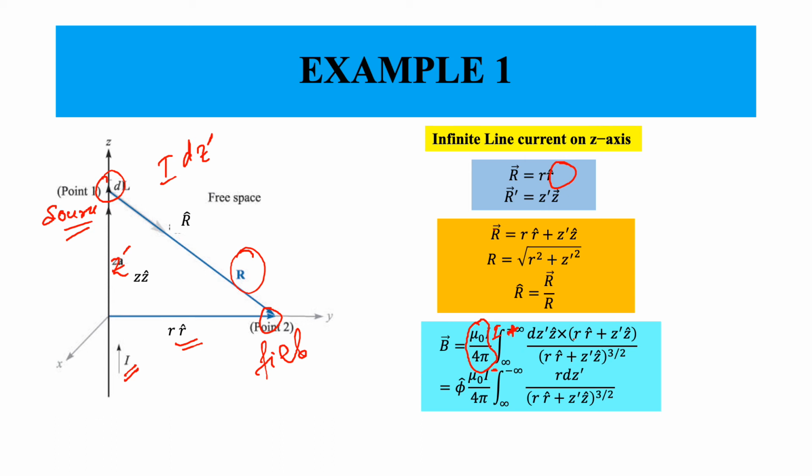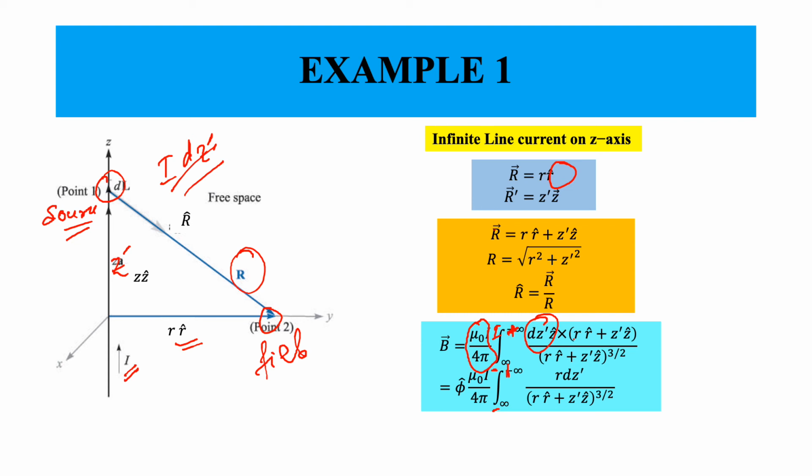I is also constant, so I am going to remove I out of the integral too, and this integration is with respect to z prime, because this current element is I dz prime.